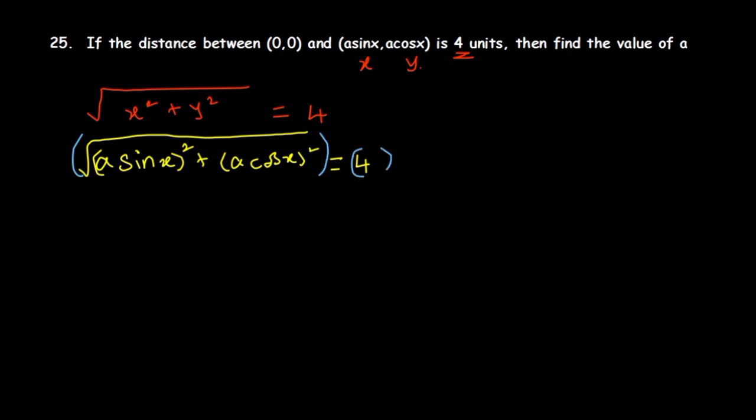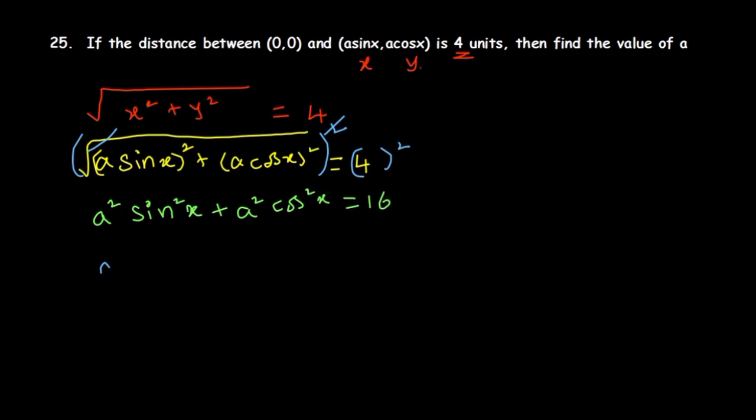Take squaring on both sides, then the square root gets cancelled, and then here we have a square sin square x plus a square cos square x is equal to 16.